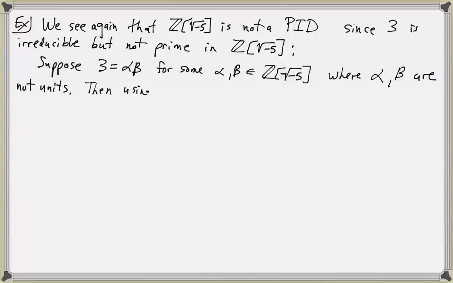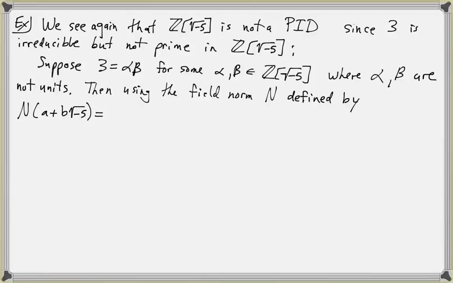So using the field norm N, defined by N of A plus B square root of negative 5 equals A squared plus 5B squared, we have 9, which would be the norm of 3, but that's going to equal the norm of alpha beta.